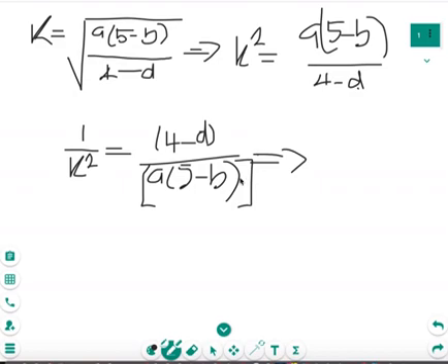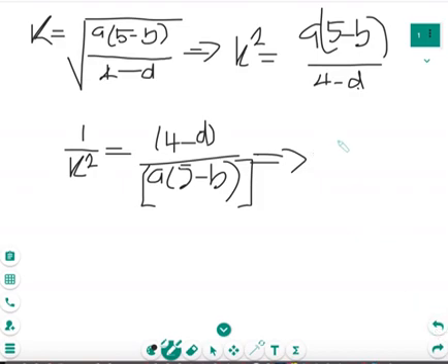You multiply the left side by this, and you multiply the right side by a into bracket 5 minus b. So this 5 minus b will go off on the right side. Then you can just keep it for now and switch it over later. So let's keep it for now.